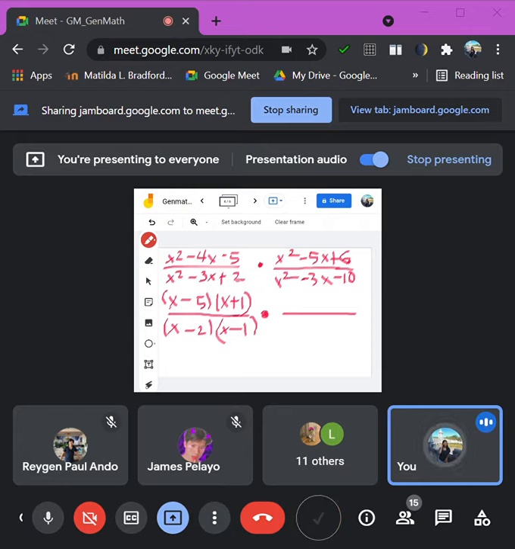That is positive 2. Negative 2 plus negative 1, that is negative 3. Nagets ra, class? Ang technique sa pagkuha sa mga factors?